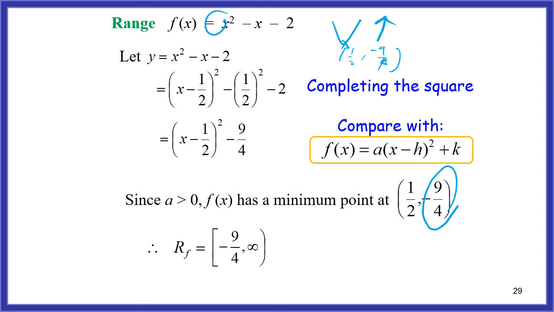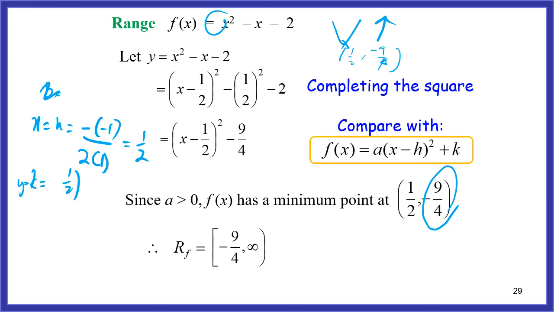Okay. So if you use the formula directly, the x coordinate h equal to negative b over 2a. So we have 1 over 2 for x, and then the k, the y coordinate, it should be (1 over 2) squared minus 1 over 2 minus 2.